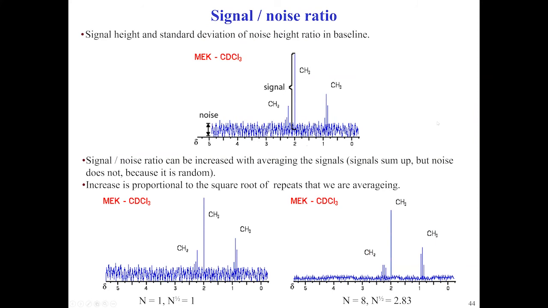Another challenge that I touched upon is poor sensitivity. Traditionally and still nowadays, but I think people just using computers, it's hard to imagine what signal to noise ratio actually means. But in very simplified terms, you measure the height of a signal, you measure the average noise level, and you make a ratio.